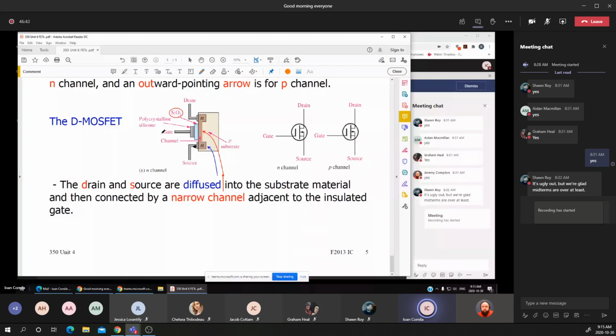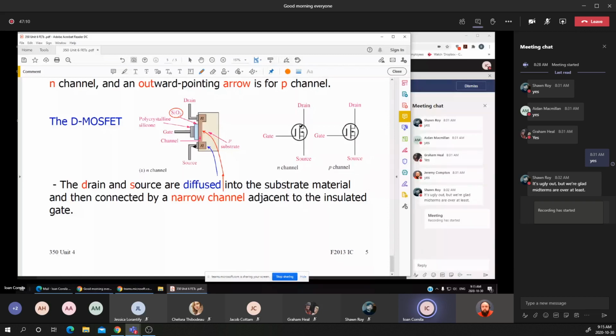In the symbol for the D MOSFET, you notice that physically we have a channel. Now we may use this channel in depletion mode, meaning that we can have a small current that flows between the drain and the source.